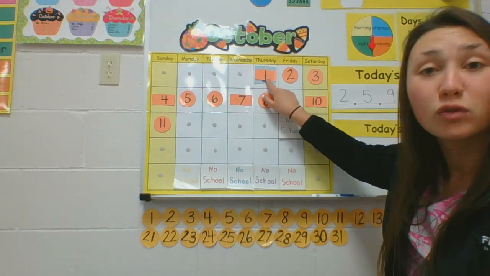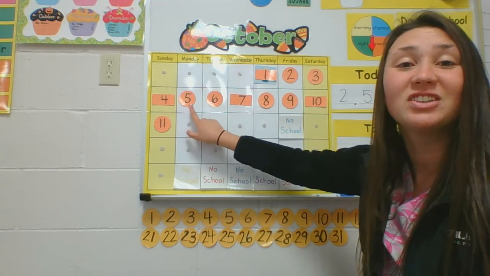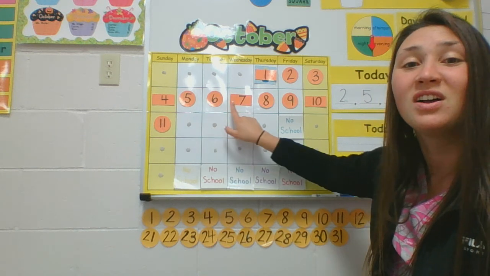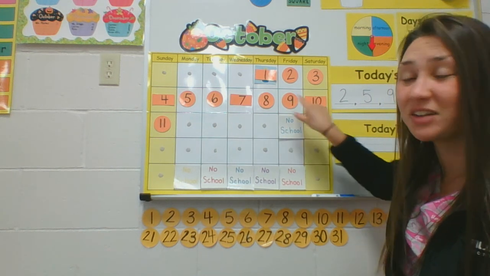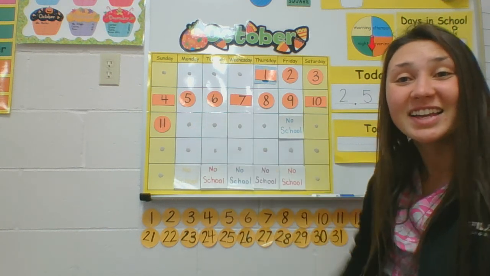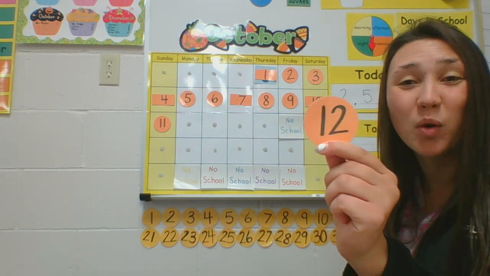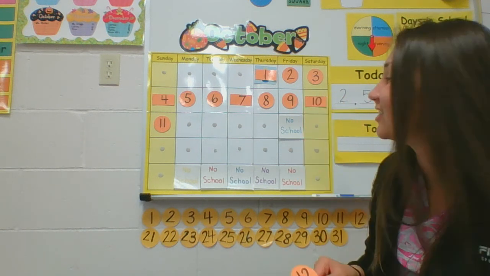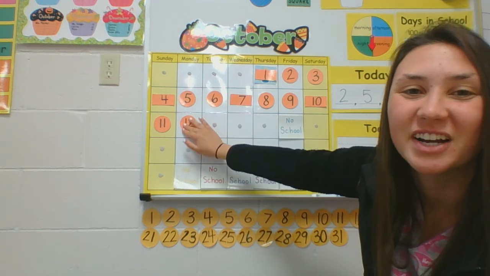Rectangle, circle, circle, rectangle, circle, circle, rectangle, circle, circle, rectangle, circle, which would make today, yeah, another circle. So today we have 12, a 1 and a 2 on a circle. Monday, October 12th. Very good.